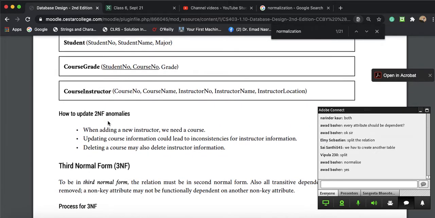Okay, do you think the course instructor relation is good design or not? Not. What problems will we have in inserting? Whenever I want to insert a new instructor, I have to insert a course.